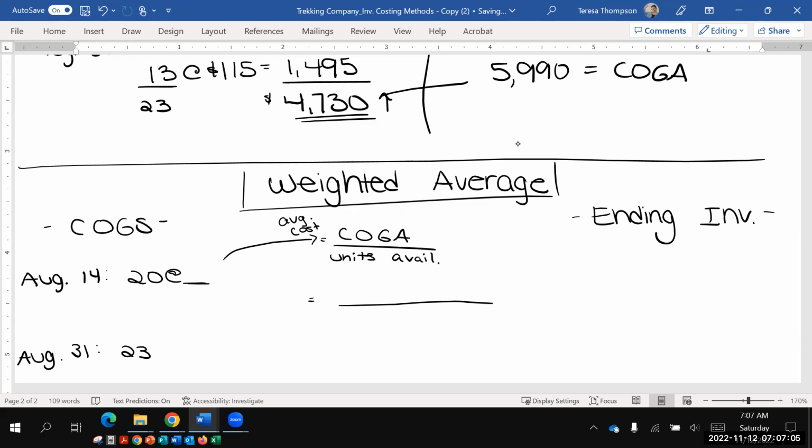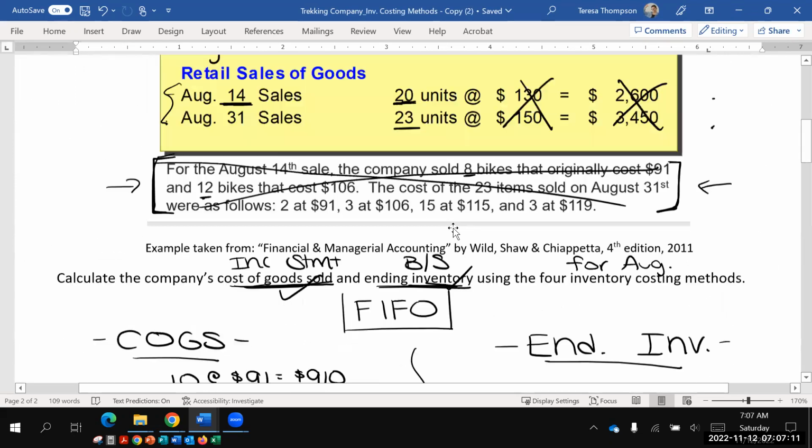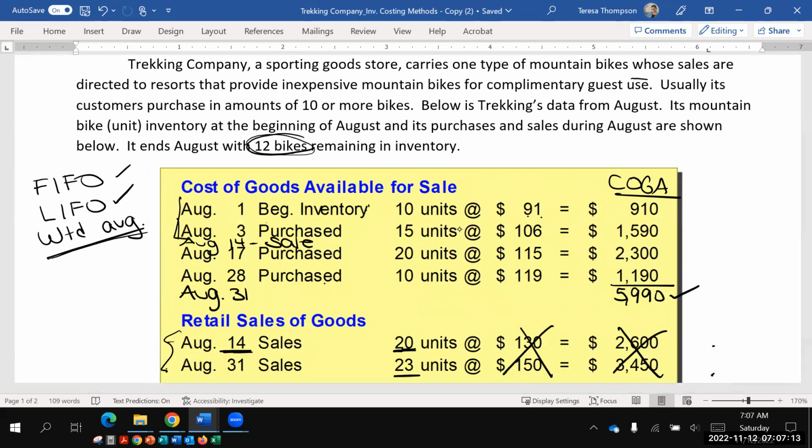On August 14th, let's go up to our data and see what was the cost of all the goods we had available. So on August 14th, here's everything we had available.